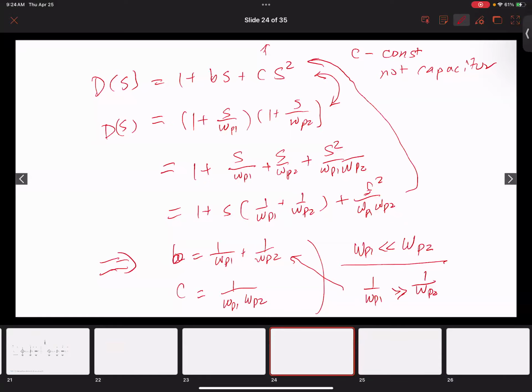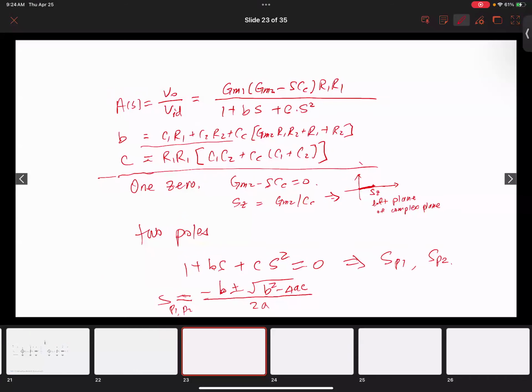And the B, we already have this value here. We already derived it in the previous slide.